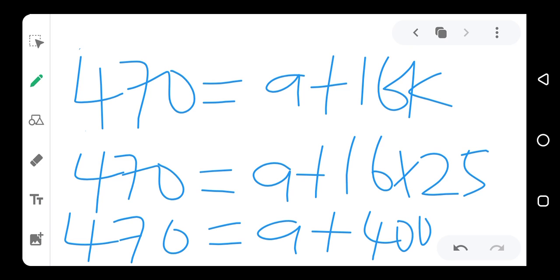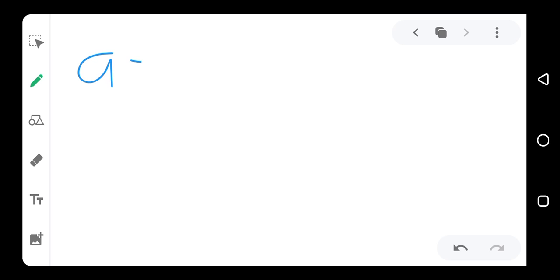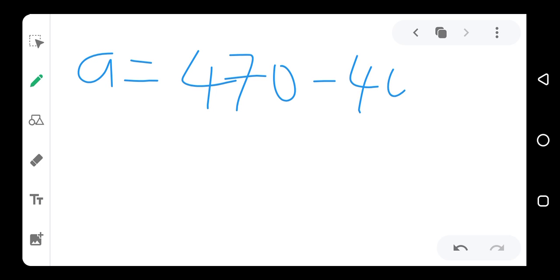Now that means that A is equal to 470 minus 400. So A is equal to 70. So we have gotten our two constants, A and K.